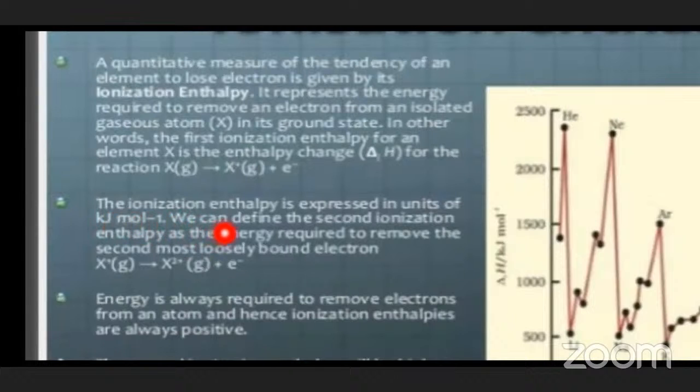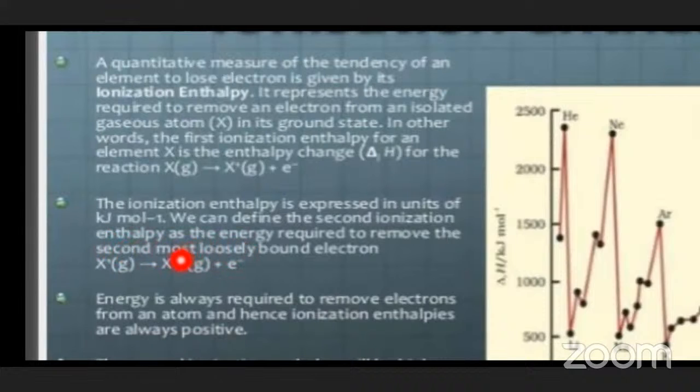We can define the second ionization enthalpy as the energy required to remove the second most loosely bound electron. From the cation formed by removing one electron in the earlier step, the X plus, monovalent, unipositive cation, we remove one more electron.